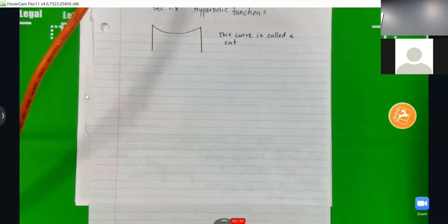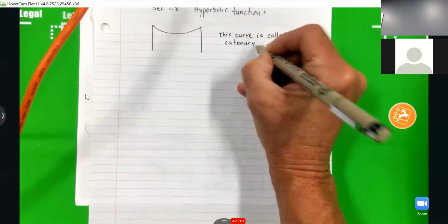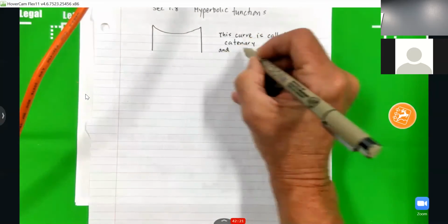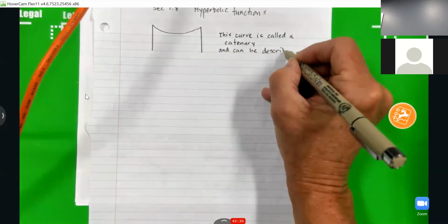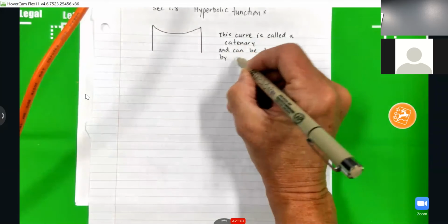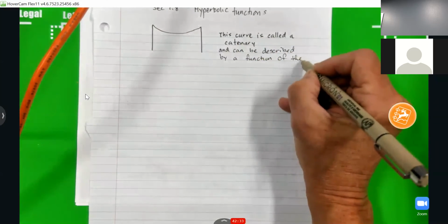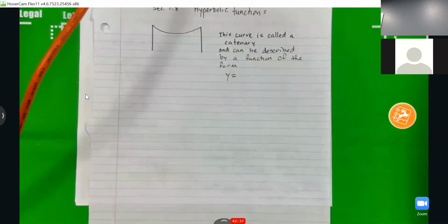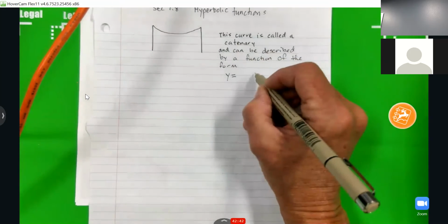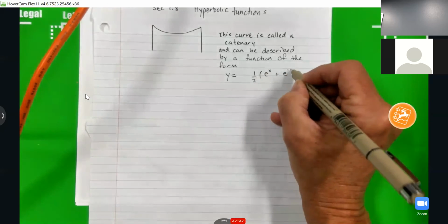I can't spell it, let me read it. C-A-T-E-N-A-R-Y. And it can be described by a function of the form y is equal to some version of, maybe some multiple of, 1/2 e to the x plus e to the negative x.